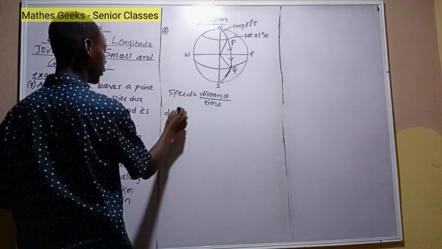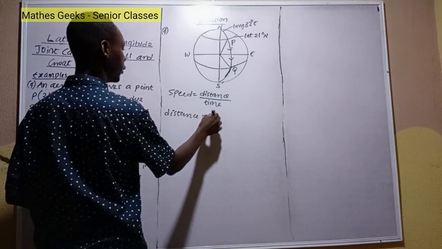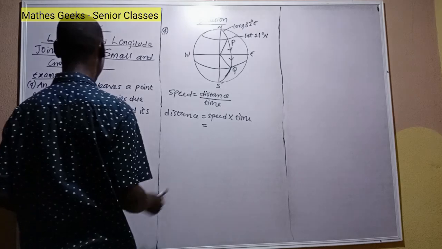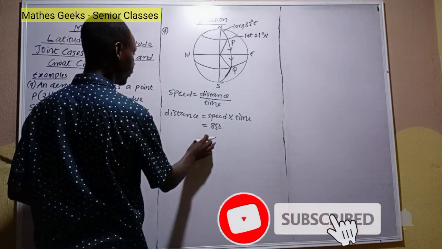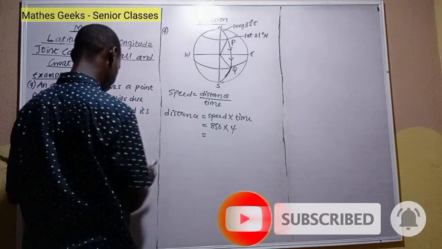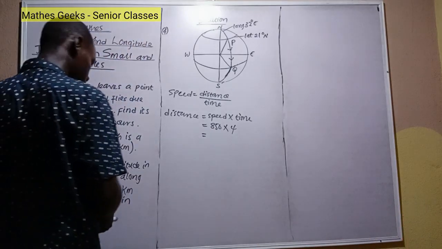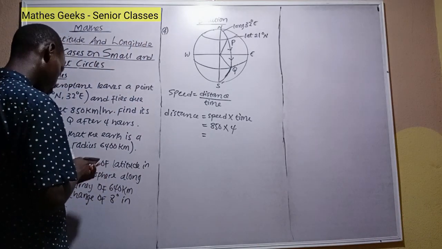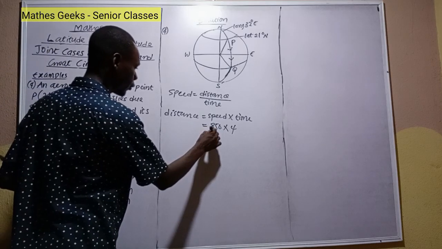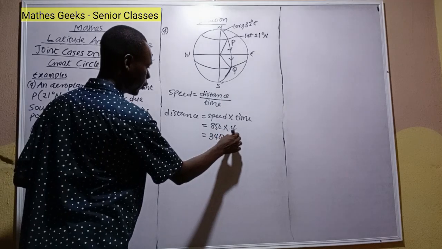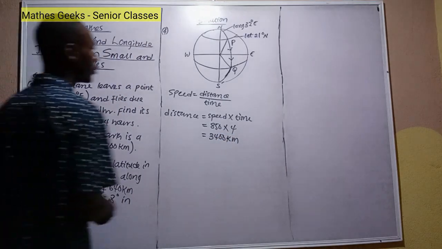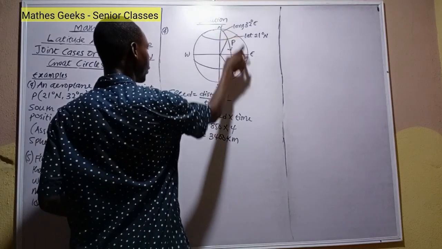So distance is equal to speed times time, which is 850 times 4, that is 3,400 kilometers. So 3,400 kilometers is the distance from P to Q.